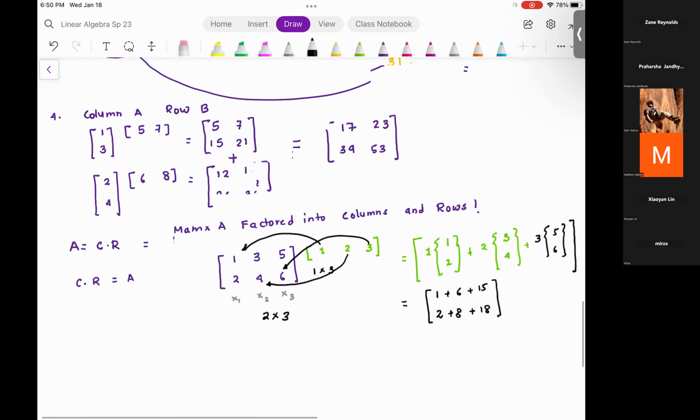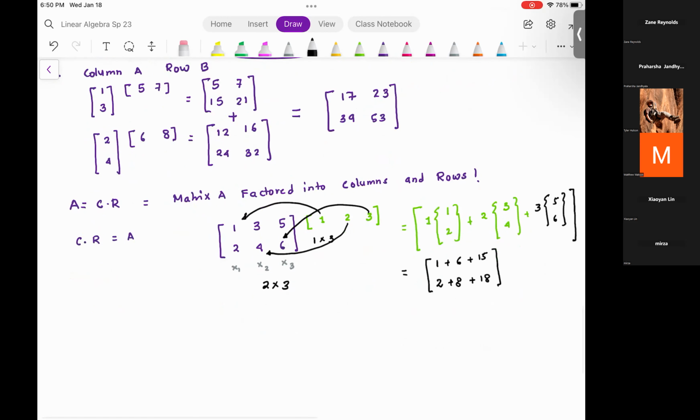What I can do is take a matrix A and represent that as a representation of the column vectors multiplied by the row weights.